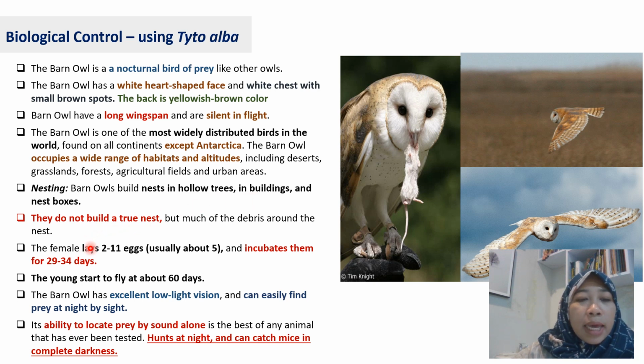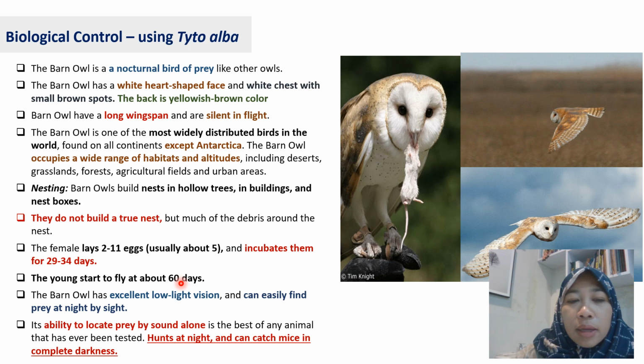The female lays 2 until 11 eggs. Usually it's about 5, and incubates them for 29 until 34 days, and the young start to fly at about 60 days. So it will need time, yeah.